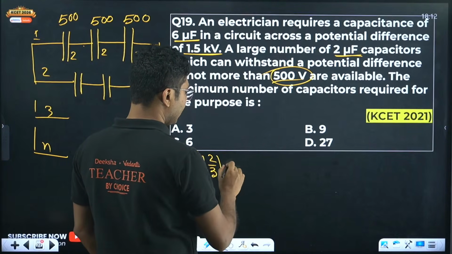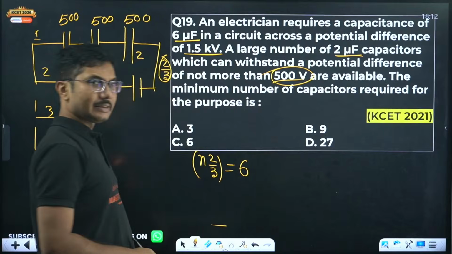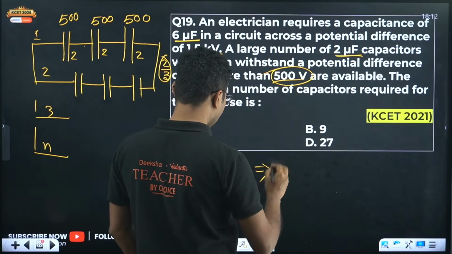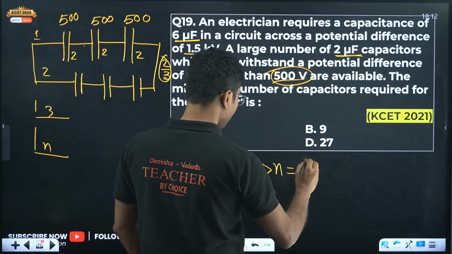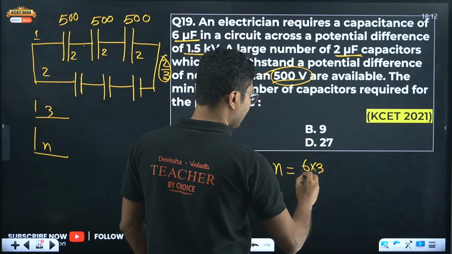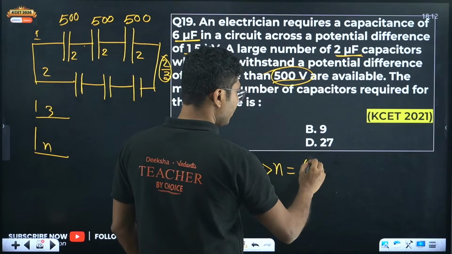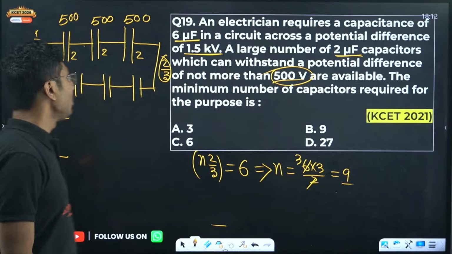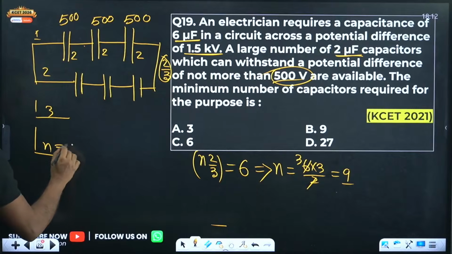The final result is 6 microfarad. So n equals 6 into 3 divided by 2, which equals 9. So how many rows do we need? We need 9 such rows.